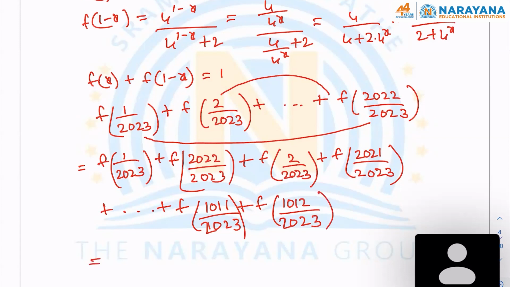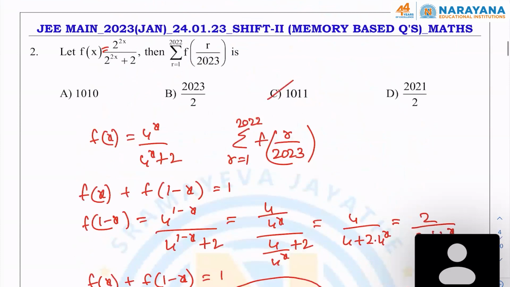So how many ones are we getting? Here we are getting 1, here we are getting 1, from here till here we are getting 1. So we have 1011 ones. So its value is equal to 1011. So option C is correct.